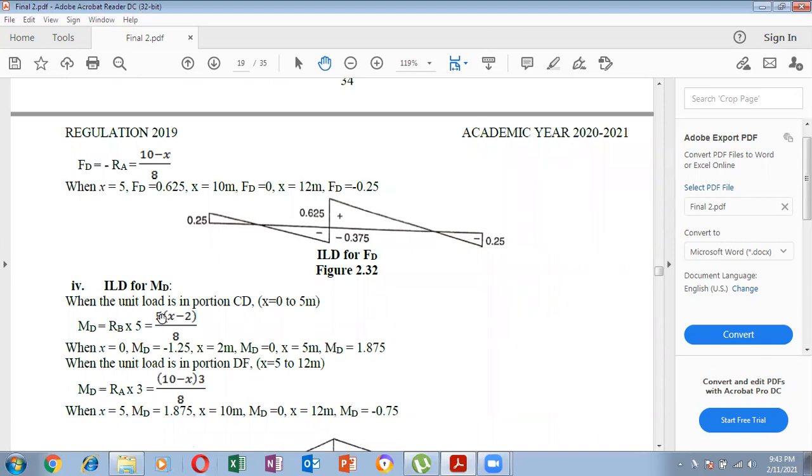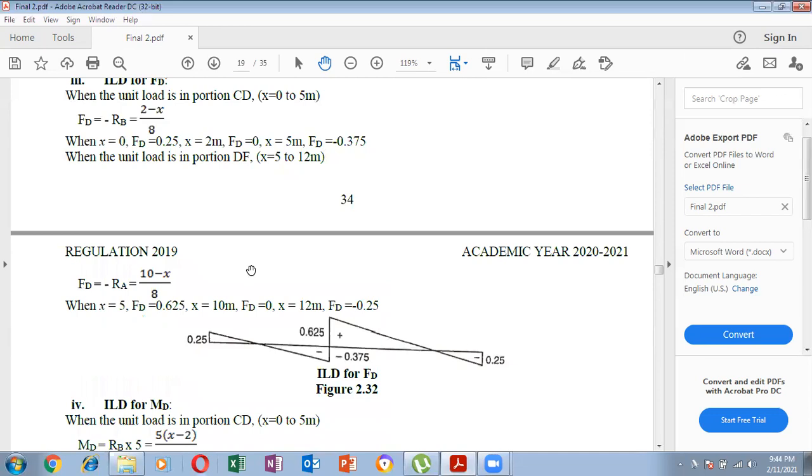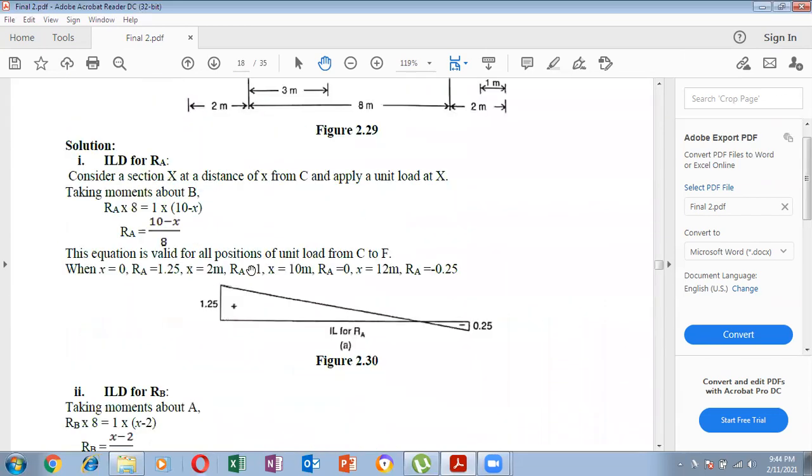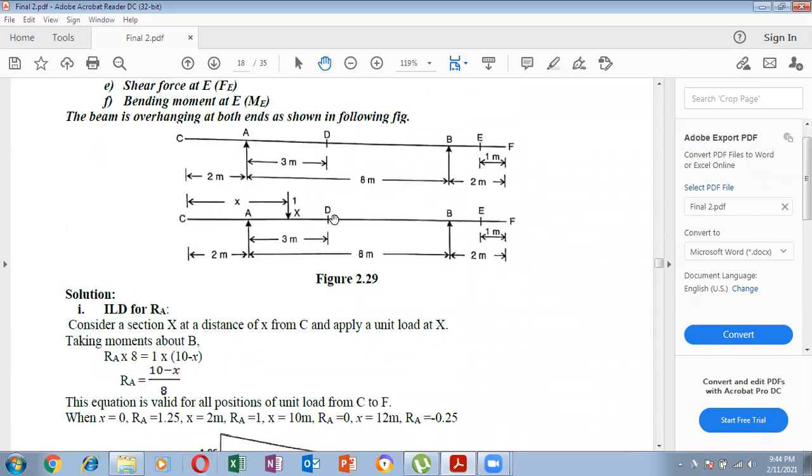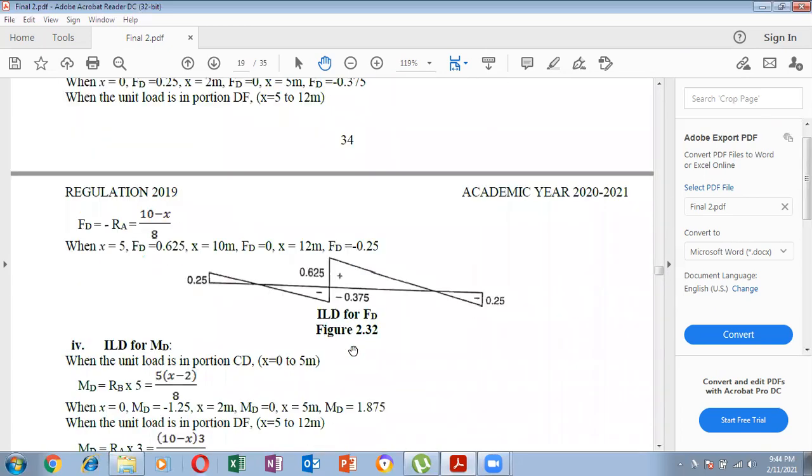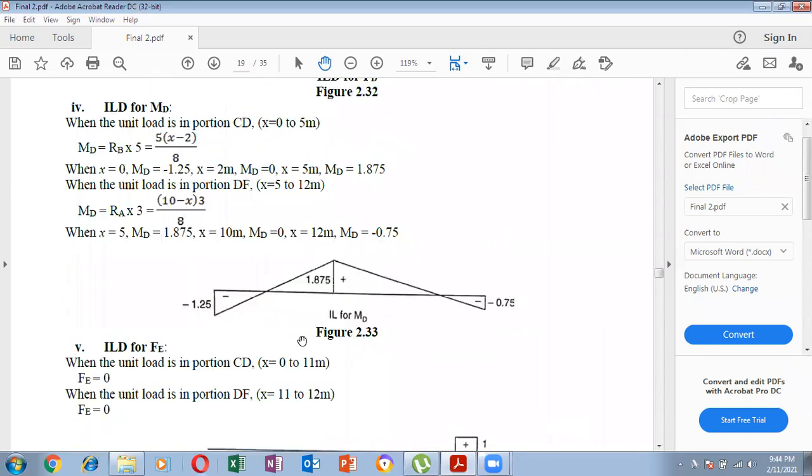So next, influence line diagram for MD, that is moment about the section D. So again, considering the three loading cases, first one when the unit load is in position CD, that is 0 to 5 meter. So taking moment about that point D, it will be RB into 5 meter.